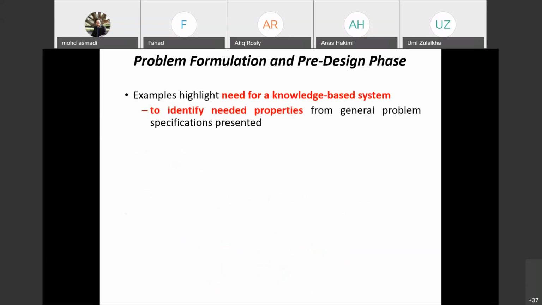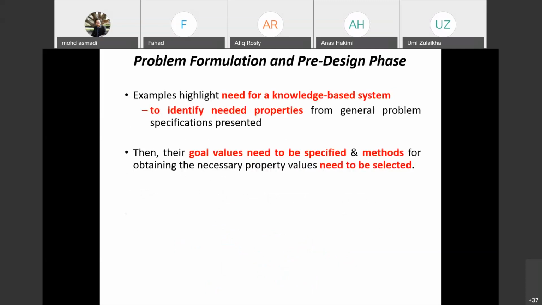So what I want to summarize is, for the problem formulation and pre-design phase example, highlighted for a knowledge based system, you need to identify the needed properties. Then their goal values need to be specified, and the methods, so that we can obtain the necessary property values needed to be selected.